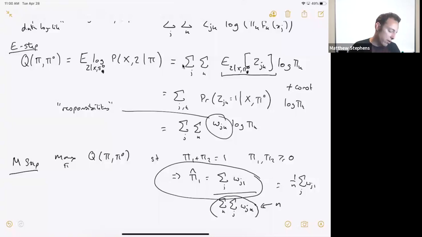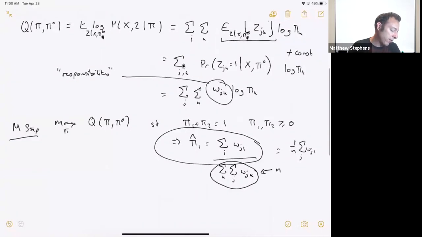But okay, so the intuition behind this algorithm is essentially to estimate the mixture proportion pi 1 by the estimate of how many observations came from the first component. Wj1 is a weight saying how probable it is that observation j came from component 1. And we just add those up and divide by n. We average them to get an estimate for pi.